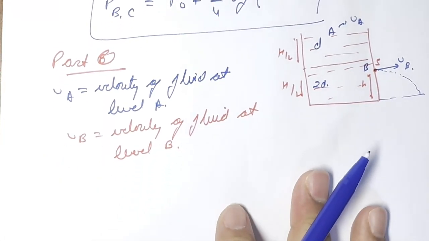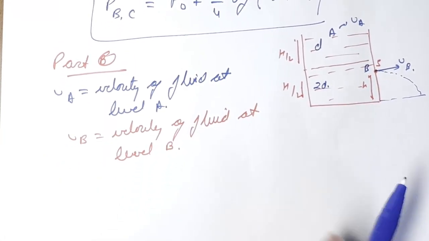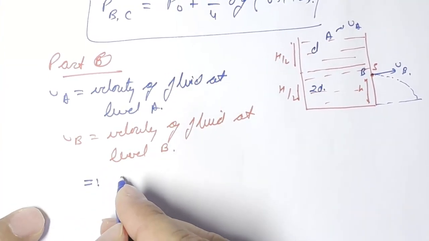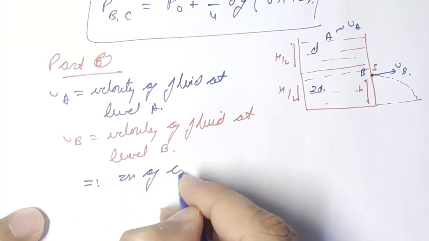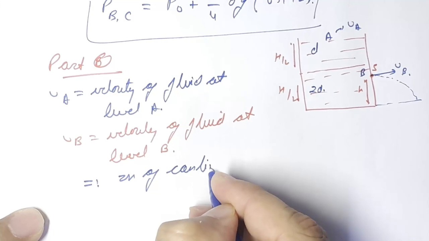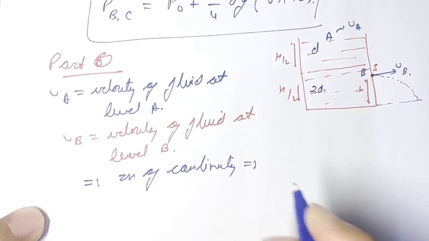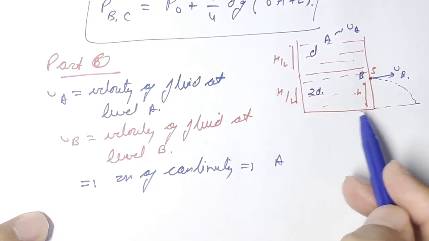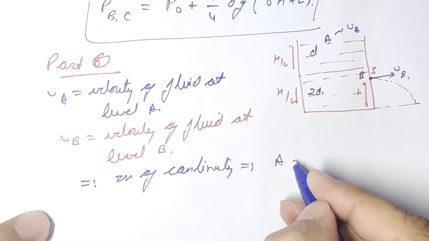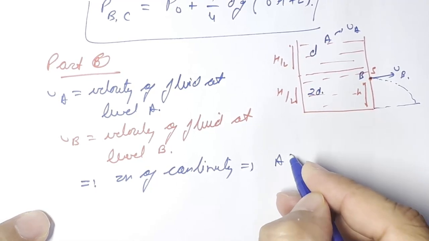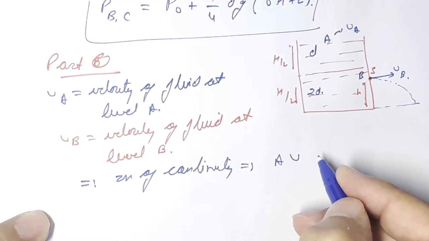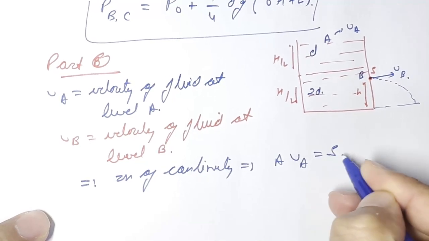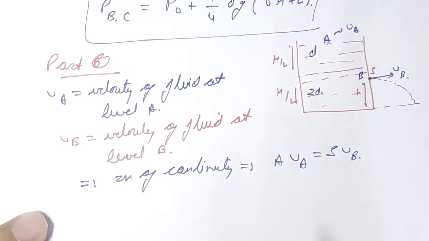Therefore, we can write by the equation of continuity, which states that the area of cross section of the container multiplied by VA is equal to S multiplied by VB.